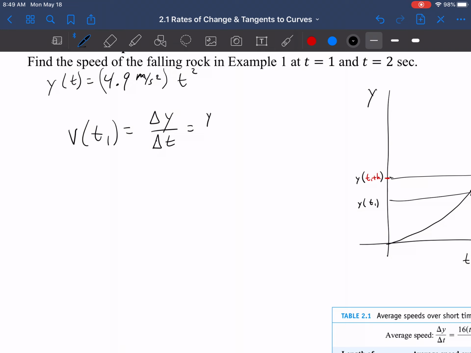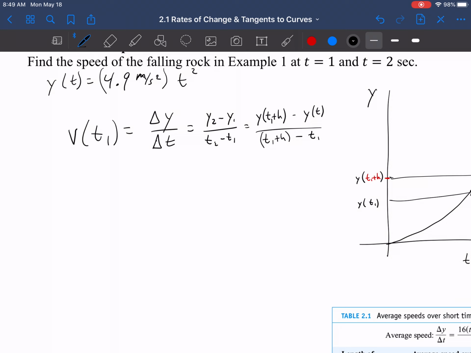So this is y2 minus y1 over t2 minus t1. And remember, this is y of t1 plus h minus y of t1, over t1 plus h, that's t2, minus t1. Okay? And we'll get something like that.